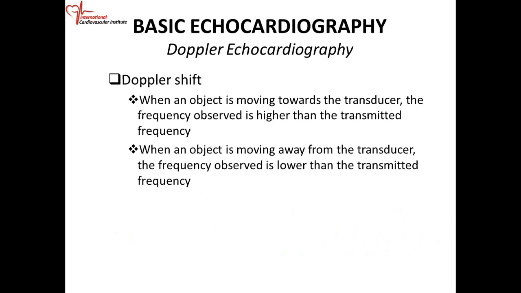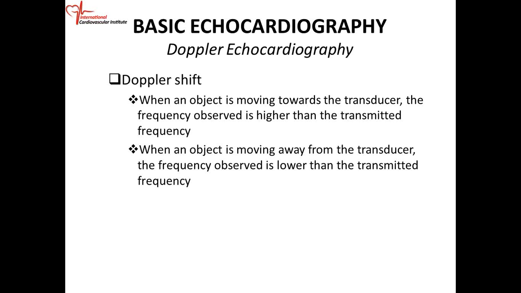So what we have been saying is that when an object is moving towards the transducer, and now we're going to relate this to ultrasound, the frequency observed is higher than the transmitted frequency. Same principle. You're doing an ultrasound of the heart with the transducer there, and say blood is moving towards the transducer.